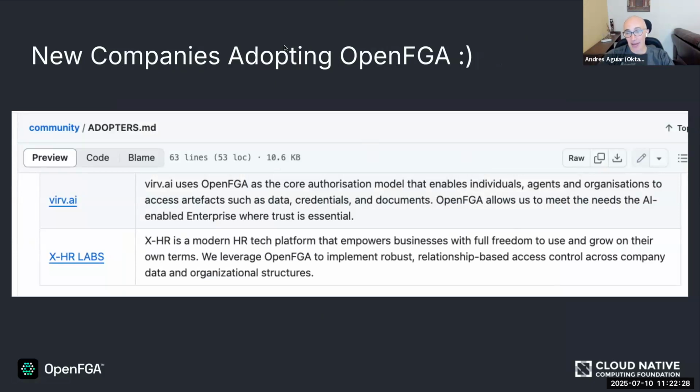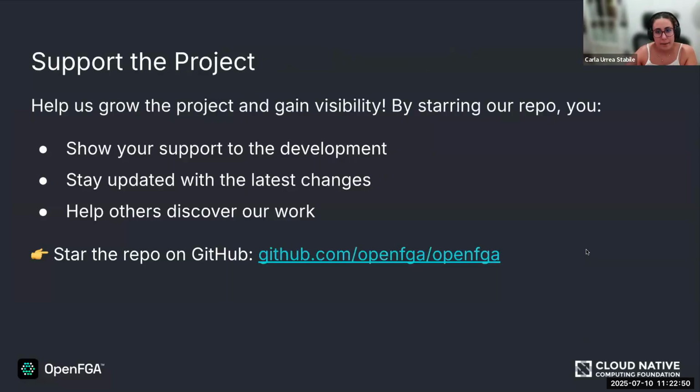So if at some moment you end up adopting OpenFGA and using it in production, we really appreciate having your company names there, and it helps the team and the project a lot. Thanks in advance.